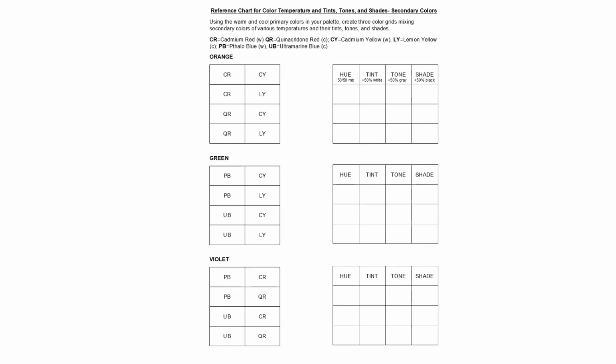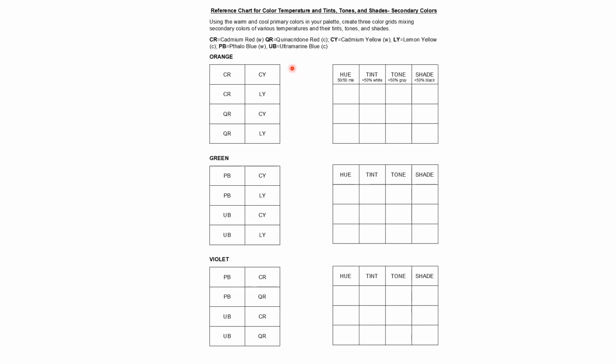And here I provided a diagram that you can use for your reference chart, your tints, tones, and shades, secondary colors. It's a very similar system to the primary color chart, tints, tones, and shades, for which I did a demo. This one's a little more involved in that you have to mix your 3 secondary colors using your primary colors before you can create the chart.